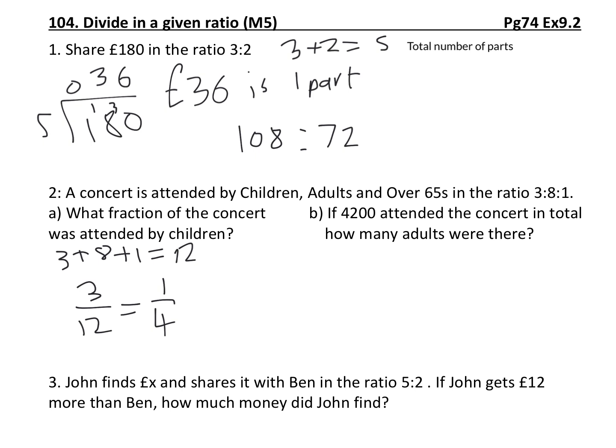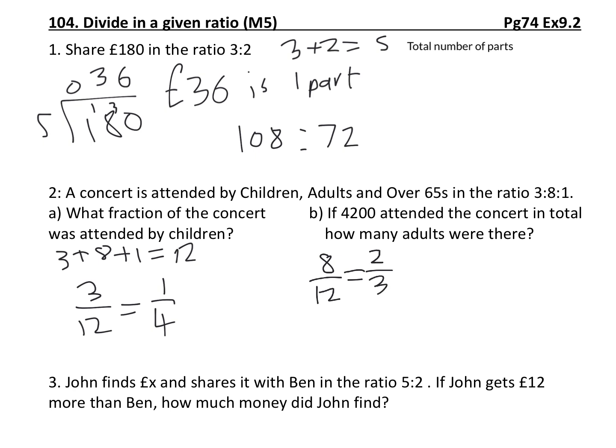Part B. If 4,200 attended the concert in total, how many adults were there? Well, adults represents 8 parts of the ratio. That's 8 parts out of the 12 in total that we said there were. 8/12, if we divide 8 and 12 by 4, we would get 2 and 3.